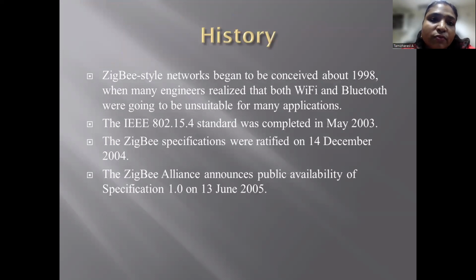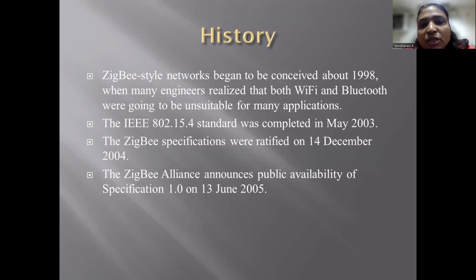Let us see the history of Zigbee. Zigbee actually began in the year 1998 when a group of engineers working on a home automation project realized that both Wi-Fi and Bluetooth are not suitable for many applications, and then they came up with designing Zigbee.